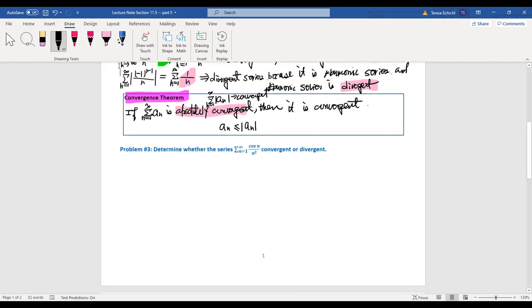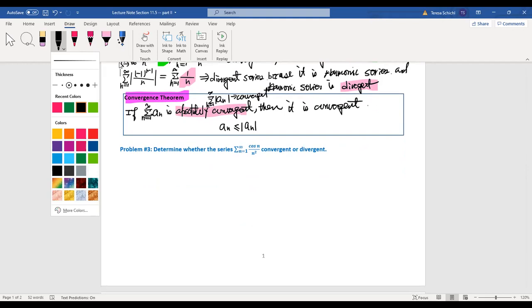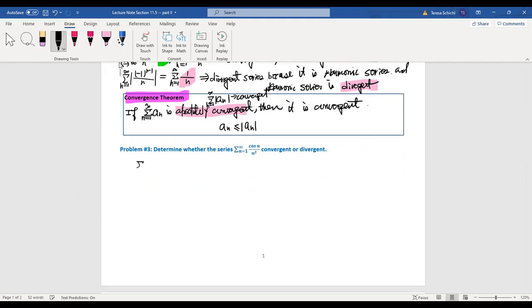All right, let's take a look at this one. We want to decide whether this series is convergent or divergent. This is the summation from n=1 to infinity of cosine n over n squared, so cosine 1 plus cosine 2 over 2 squared, plus cosine 3 over 3 squared, and so on.